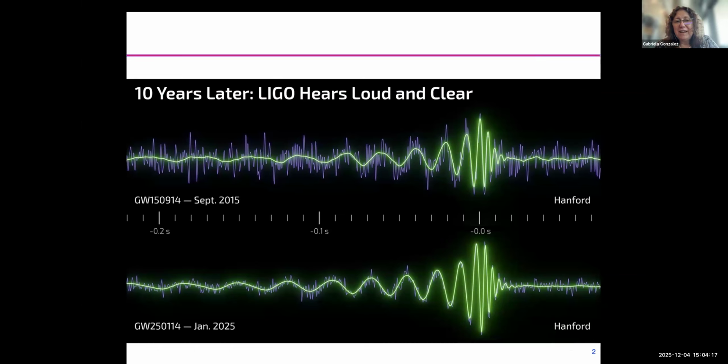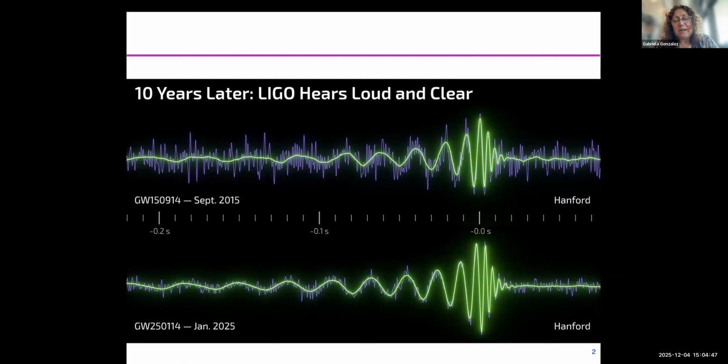And one of the ways I like to show the improvement, and this graphic is credited to Greg Davis, is seeing a very similar signal, very similar amplitude, very similar black hole system, but in January of 2025, a bit less than 10 years later, and you can see how much smaller the noise is. We have improved things a lot.